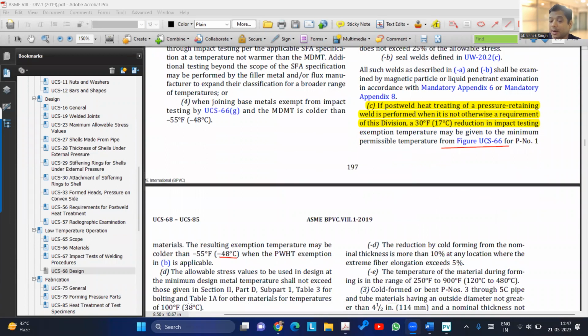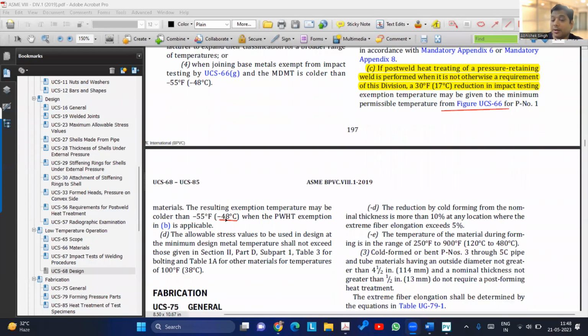Okay, if that is clear, then I'll go to the second part of the question. Yes, no? Okay. Now the second part is saying the resulting exemption temperature may be colder than minus 48 when the PWHT exemption applies.